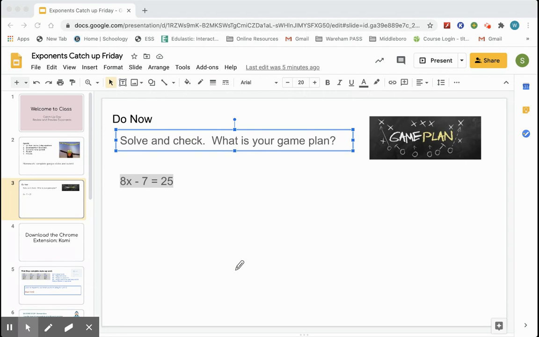So I can pick up x in my original equation and substitute it in. So now I'm going to do my check. So 8 times x, and I know x is 4, so I'm going to write 8 times 4 minus 7. And I know that the product of 8 and 4 is 32.